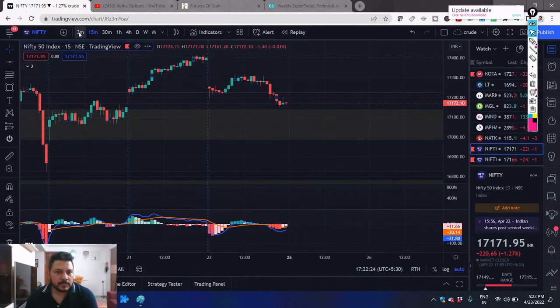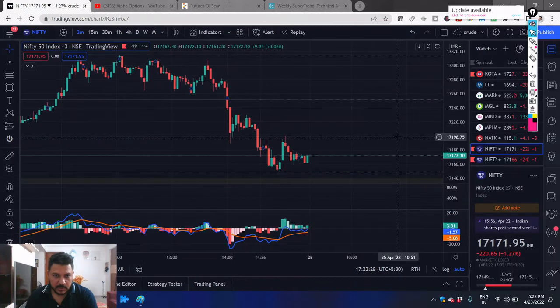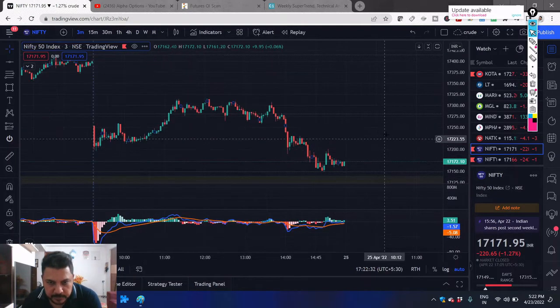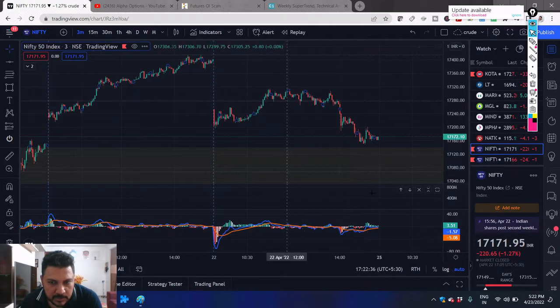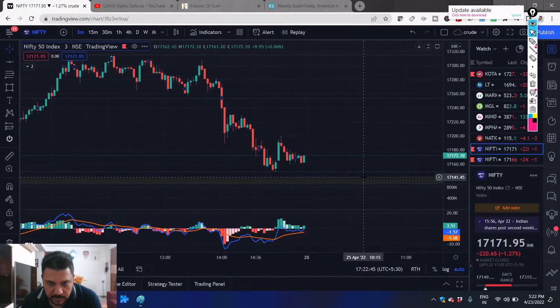Okay, now let's go to an intraday time frame, which is a 3-minute time frame. So how do I trade in a 3-minute time frame like this? So let's see the previous zones that we mapped. They are all coming at these levels. Okay, so your simple thing is that if it comes to this zone, you can think of buying, but where do you sell?